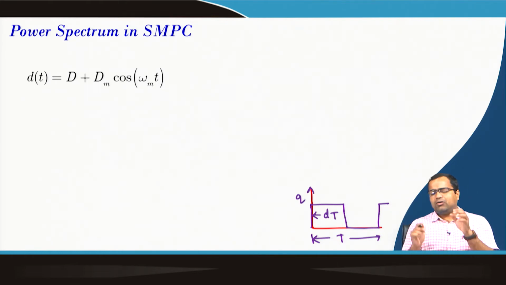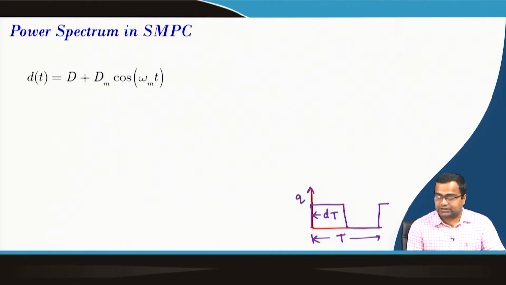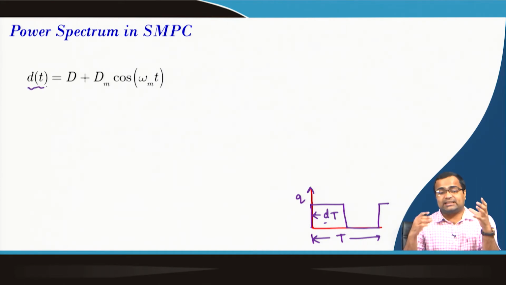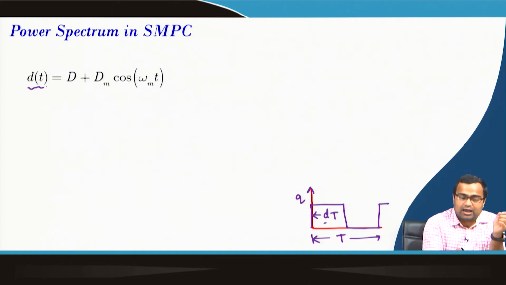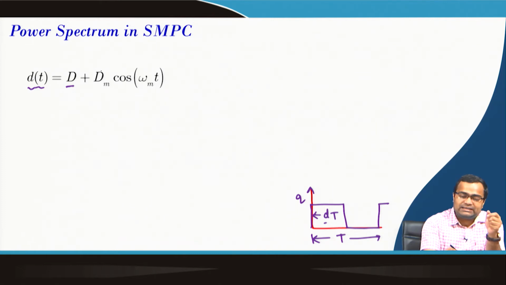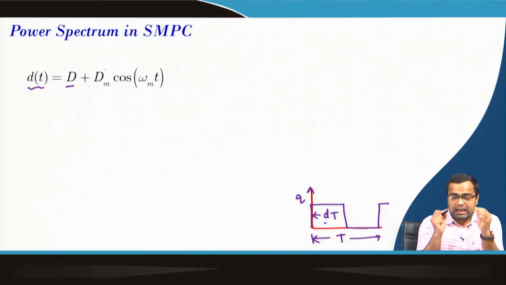Now, this time period is constant, that means it is a periodic signal, but this duty ratio we can also apply a small perturbation to, that means the duty ratio can also have a sinusoidal excitation. Along with the steady state value D, we can inject a small amplitude sinusoidal excitation.